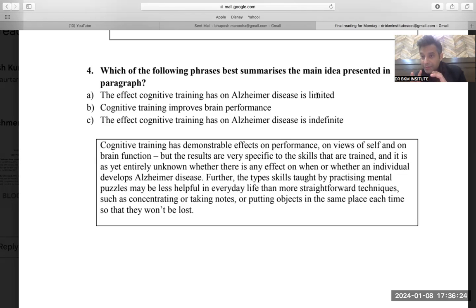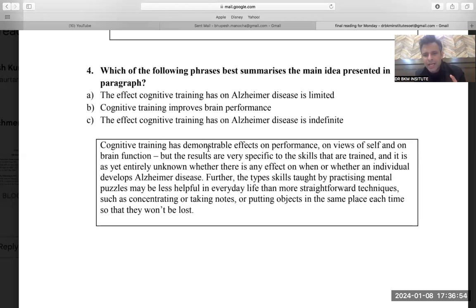Now again, the elimination method is also very important. This is what elimination is. Cognitive training has a limited effect. They are saying the cognitive training effect is entirely unknown. Entirely means completely unknown. So we cannot say whether the effect is limited or not. The effect is limited or unlimited, we cannot say, because it is entirely unknown. Cognitive training improves brain function.